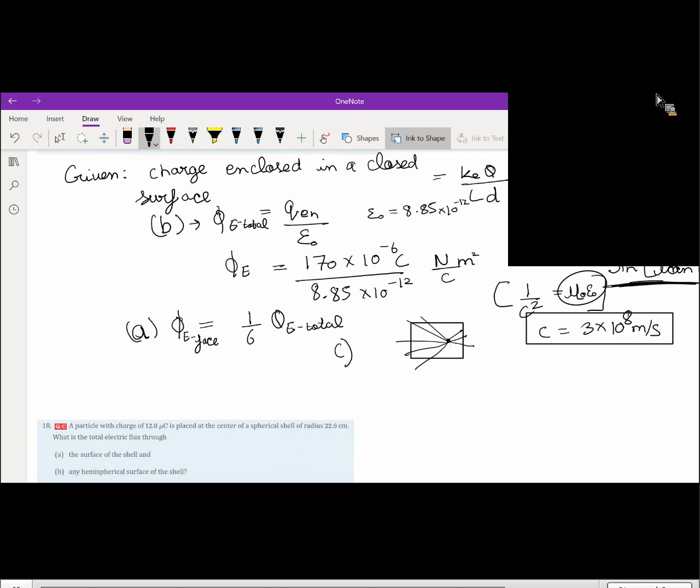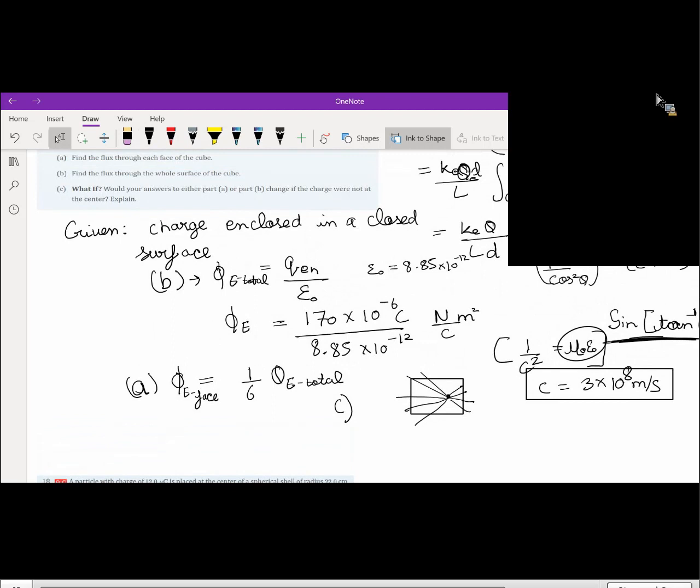You can see the number of electric field lines going through each surface changes if you displace the charge q. But according to Gauss law, the total flux won't change, because the total flux is just the charge enclosed by epsilon naught.